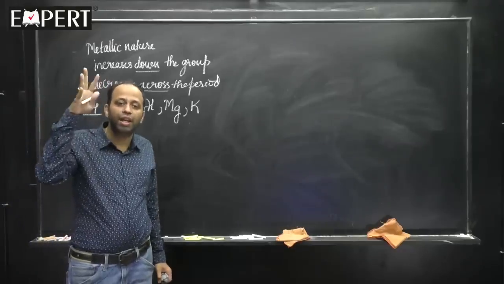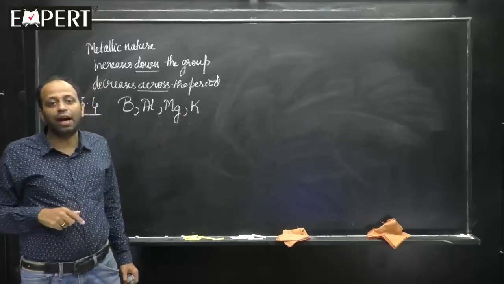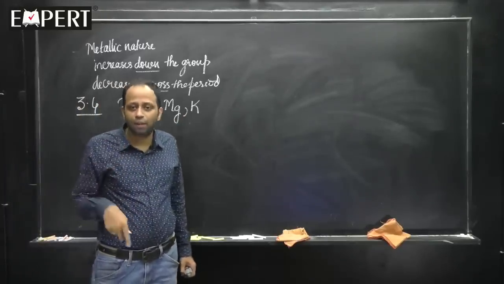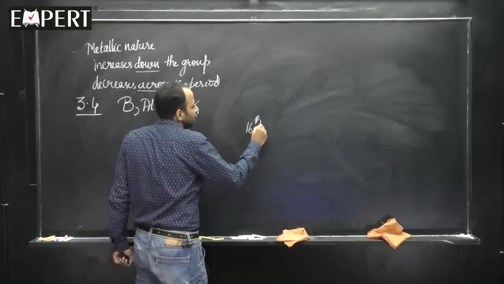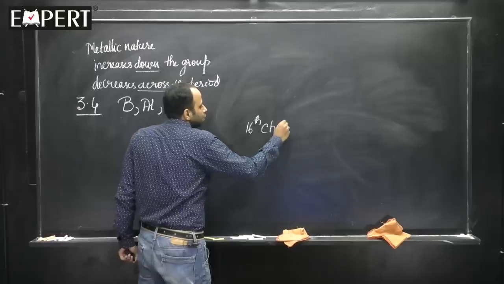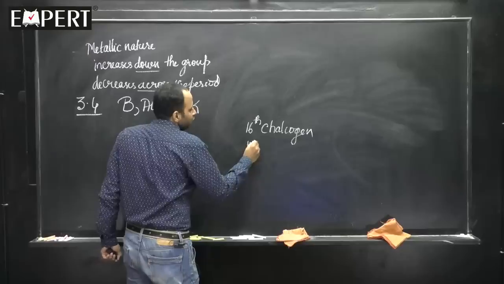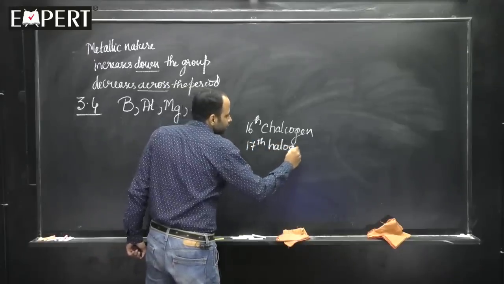When I know the elements, I know something, potassium is an alkali metal, correct, it belongs to the first group. We have certain elements that we name for. If it is 16th group, we will call this element as chalcogen, you might hear these terms. Okay. If it is 17th group, we will call it as halogen.